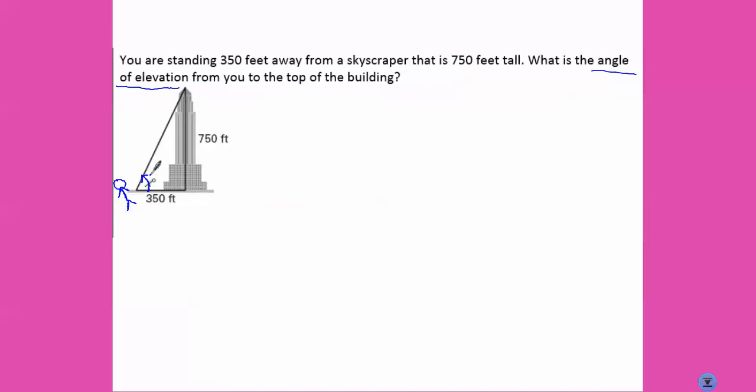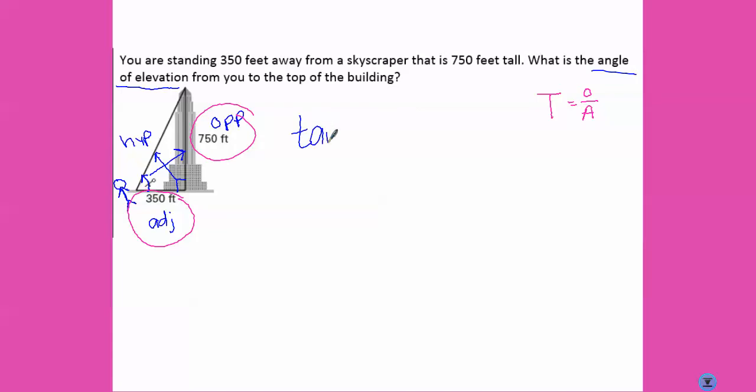So if we go across from us, this is our opposite side. This would be the right angle. So our hypotenuse would be over here, and that leaves this to be our adjacent side. So again, we know adjacent and we know opposite. So that's our tangent for TOA. So tangent of x equals 750 over 350.